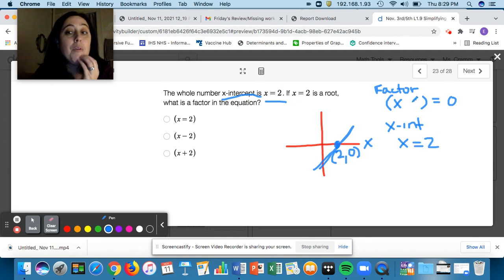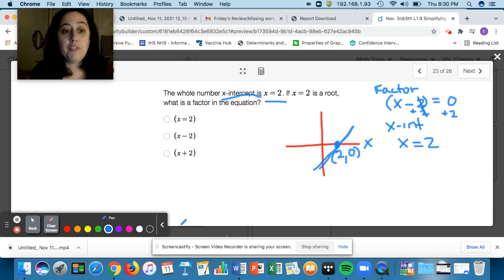Okay, so the only thing that could be in here would be minus 2, because when I added 2 to both sides to solve it, those would cancel out, and I would get x equals 0 plus 2, which is 2. So if the x-intercept is x equals 2, the factor would have to be x minus 2.